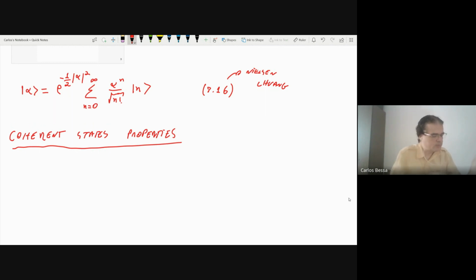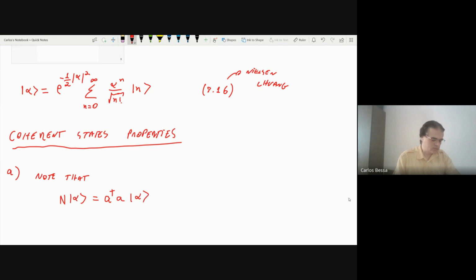The first property is related to the number of particles. I can apply the number operator n to the state alpha. Recall that n is a dagger a.